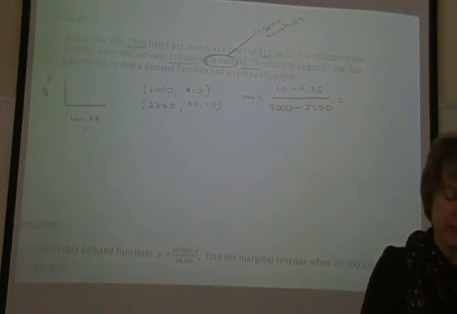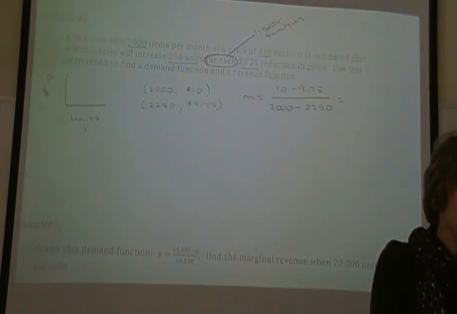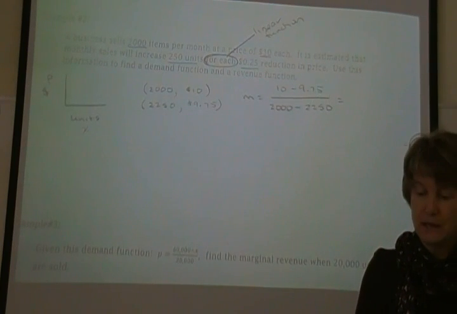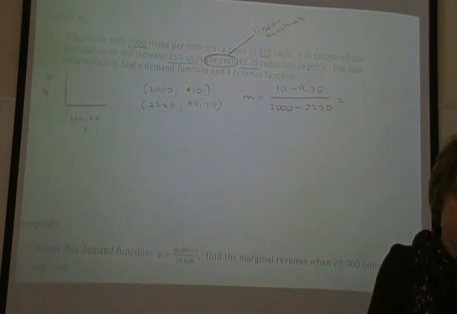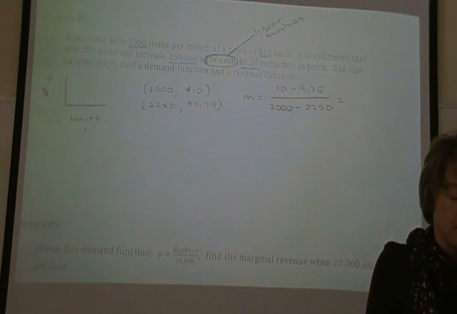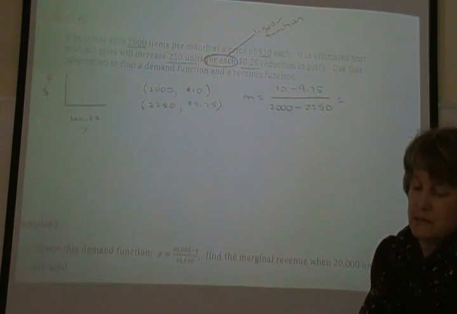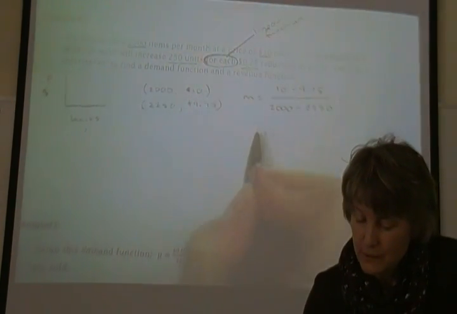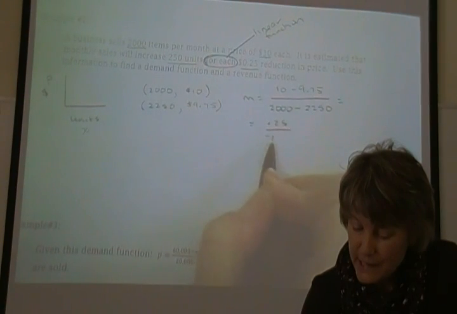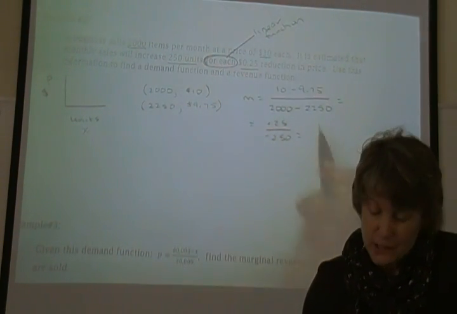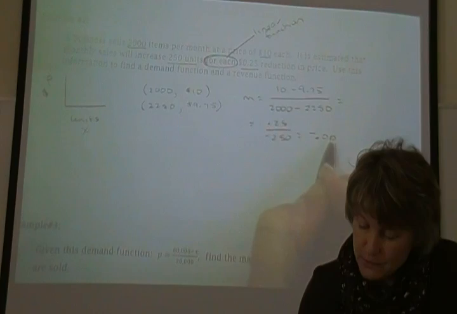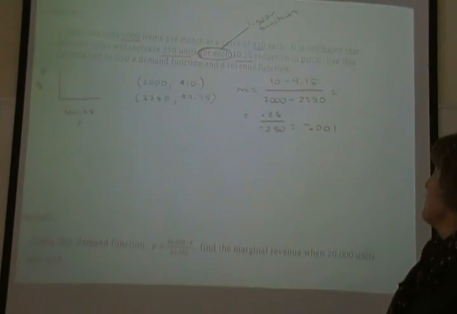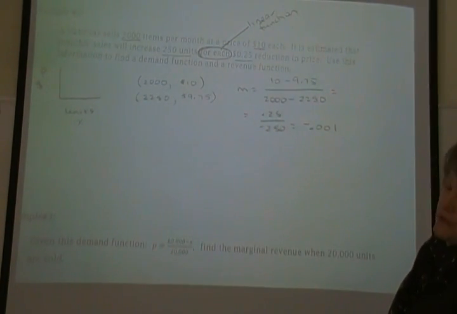So my slope is going to be negative, because when I subtract 10 minus 9.75, that's positive. But when I subtract 2,000 minus 2,250, that's negative. And I'm going to end up with 0.25 over negative 250, which is negative 0.001. Or if you like it better, negative 1 over 1,000.